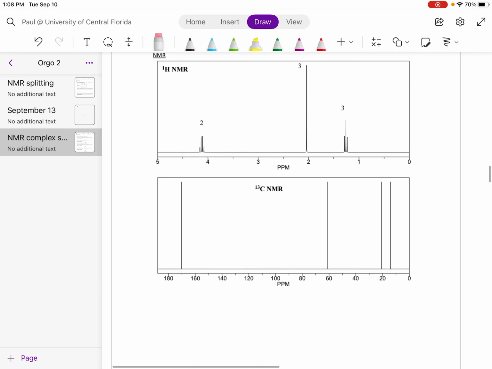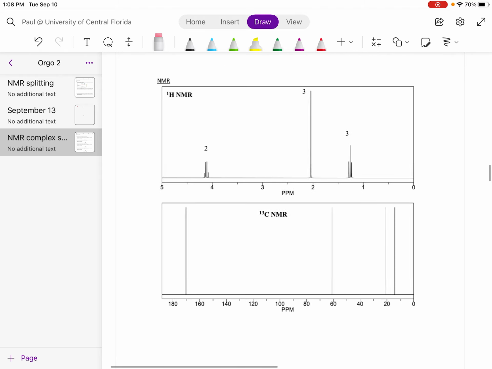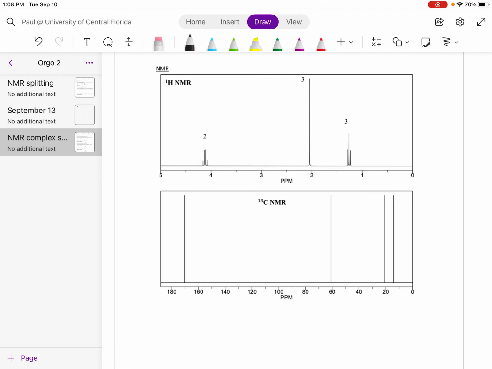Okay, so we have to try different connectivity. So what if we change up the connectivity to do a methyl, and then we stick the oxygen there, CH2, CH3, like that.